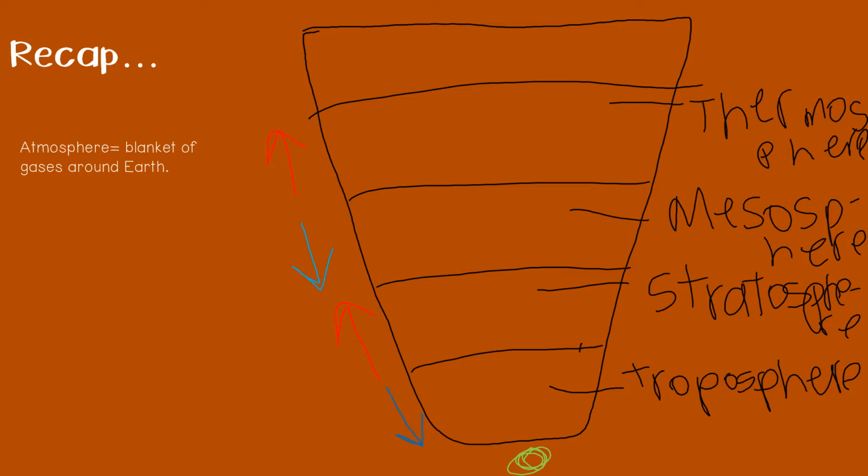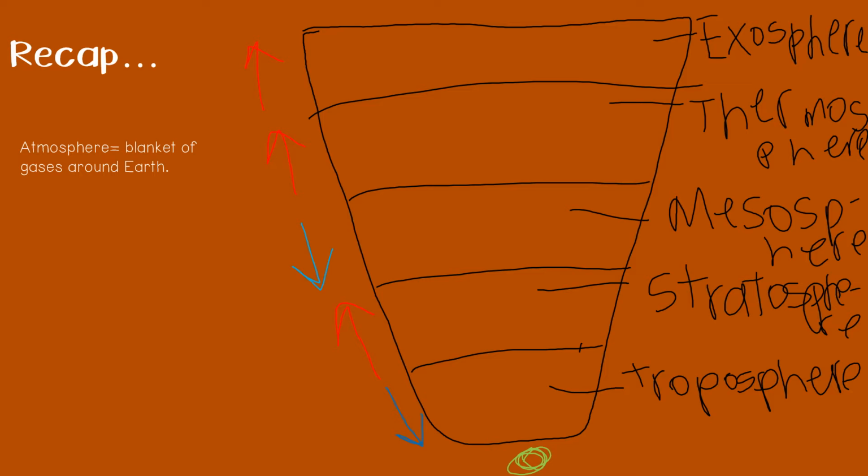And then lastly, but certainly not least, we have the exosphere, and that's like the exit layer. It is closest to space. We know that air particles are very thin and spaced out, and that temperature also increases in that layer as well.